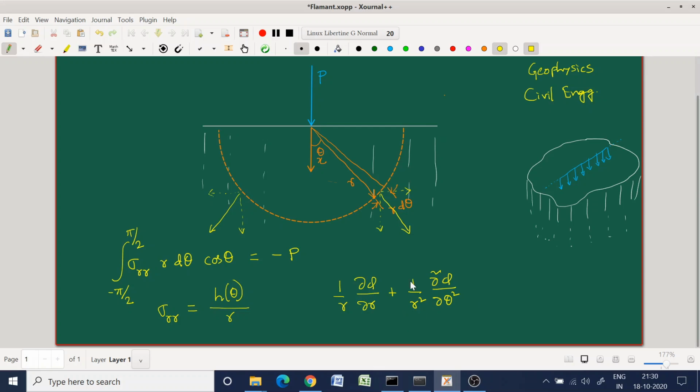Now this sigma rr, as we have just found out, has to be of this particular form, which means that this 1 by r gets cancelled. We are left with this.